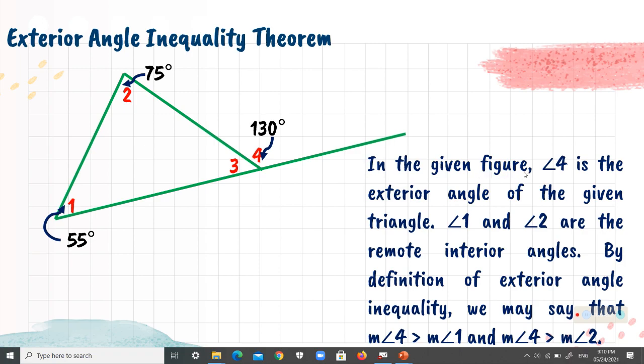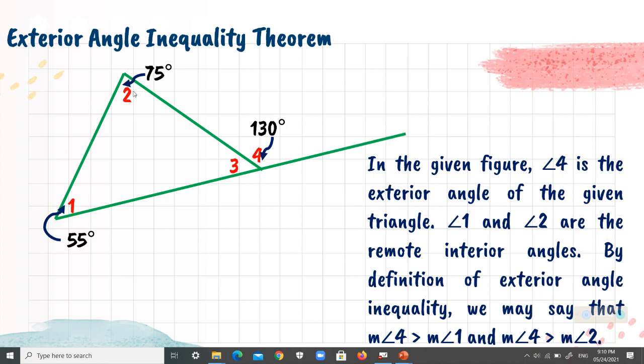So, in the given figure, angle 4 is the exterior angle of the given triangle. Angle 1 and angle 2 are the remote interior angles, as you have seen in the figure.